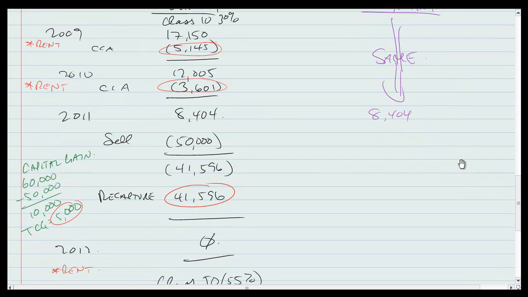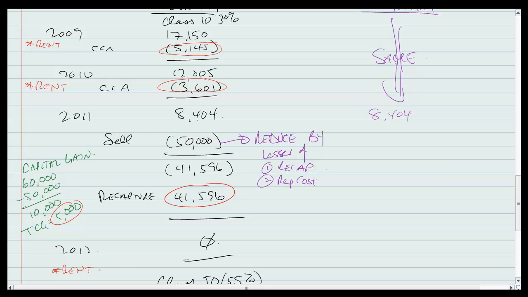Okay, then in 2011, when they sell, similar to what we saw before, the lower of costs and proceeds comes out, but we get to reduce by the lesser of recapture and replacement cost.